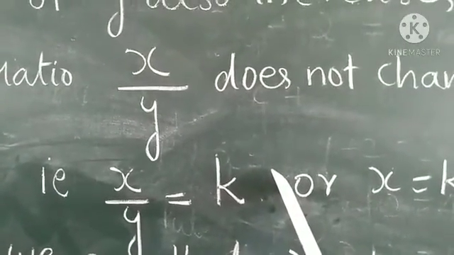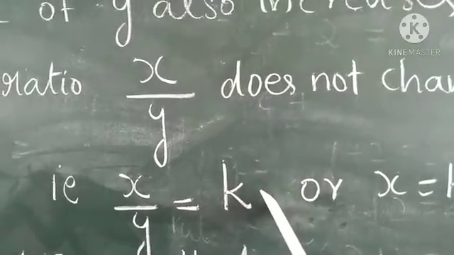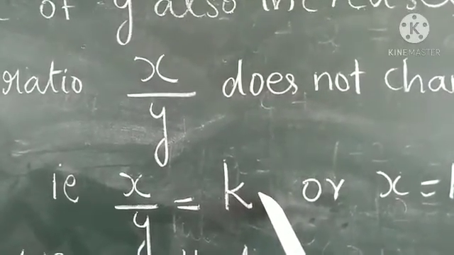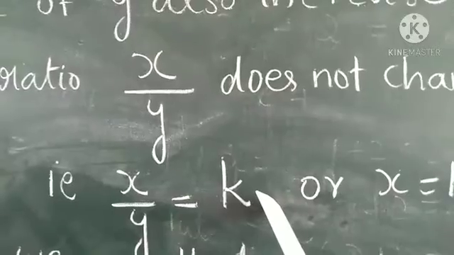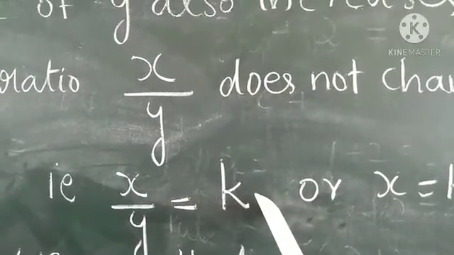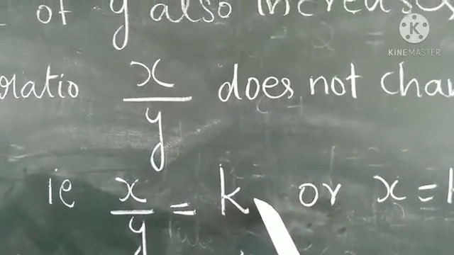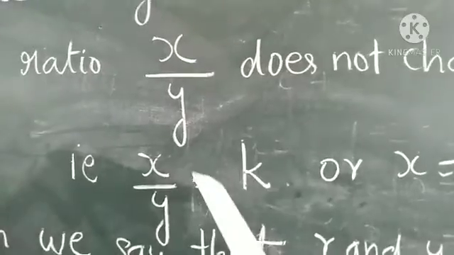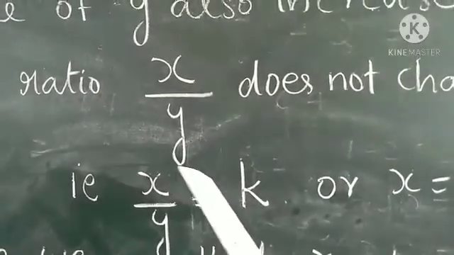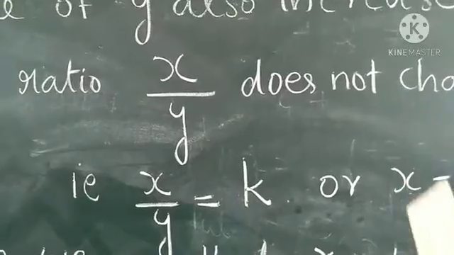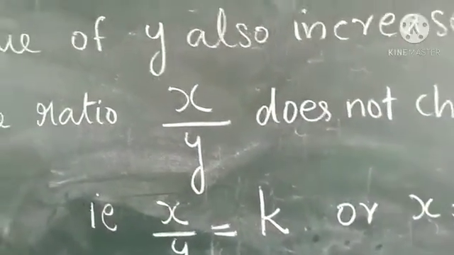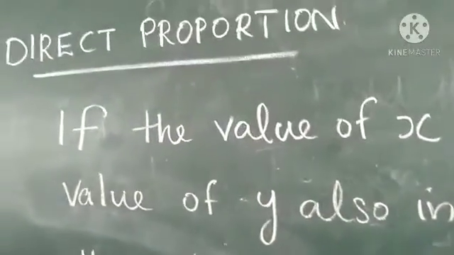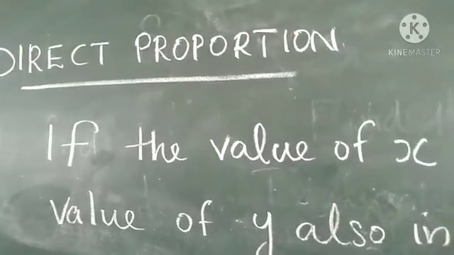x by y is equal to k means if one quantity increases, the other quantity also increases. This is the first variation we are discussing now, direct variation or direct proportion.